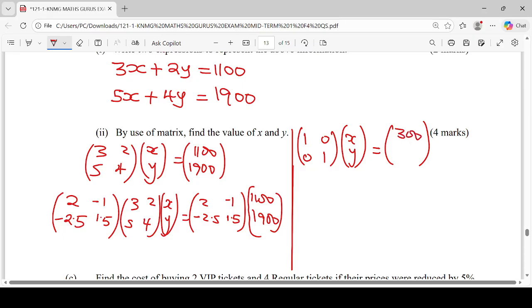Then we have negative 2.5 multiplied by 1100 plus 1.5 being multiplied by 1900. That is 100.